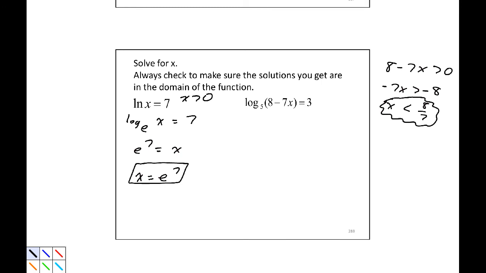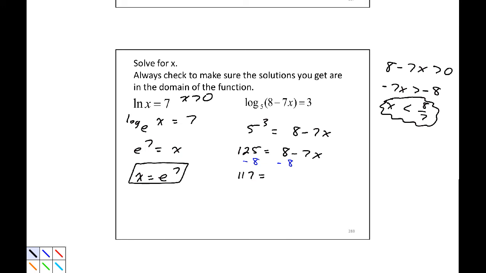Now let's write this in exponential form as 5 to the third power equals 8 minus 7x. Now 5 cubed is 125. So 125 equals 8 minus 7x. And we'll subtract 8 from both sides. All right, so that is 117.